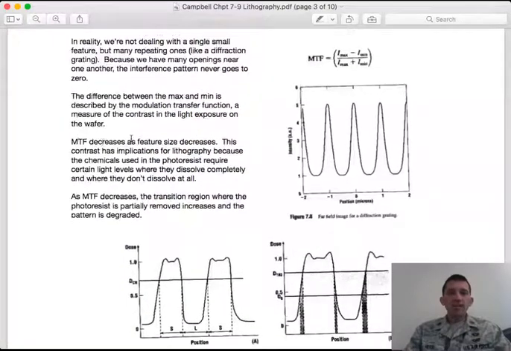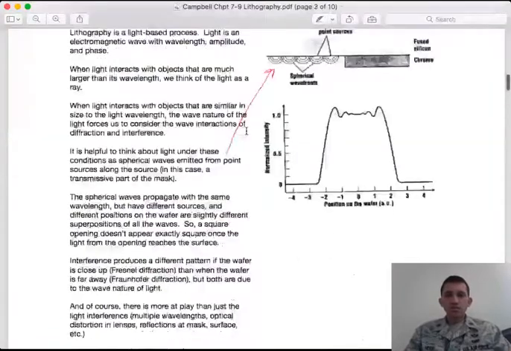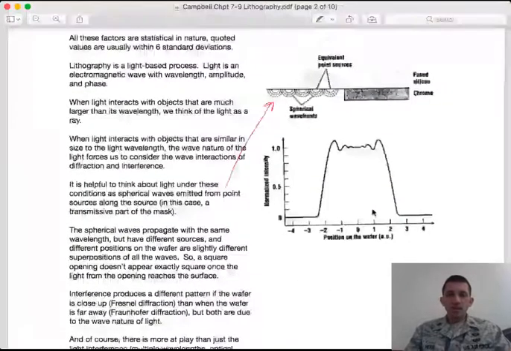However, as I decrease the feature size, the modulation transfer function also decreases. You can imagine, I wish I had a whiteboard function here, but I'll just try to draw it out with my cursor. I mentioned that there's a space over here.